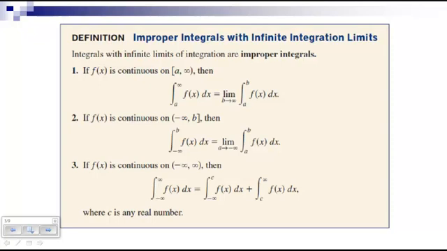That gives you a lot of choices. And we're going to rewrite it as the integral from negative infinity to c plus the integral from c to positive infinity. And each of those in turn get replaced with limits as in step 1 and step 2 above. Infinities get replaced with limits is the theme of this slide.